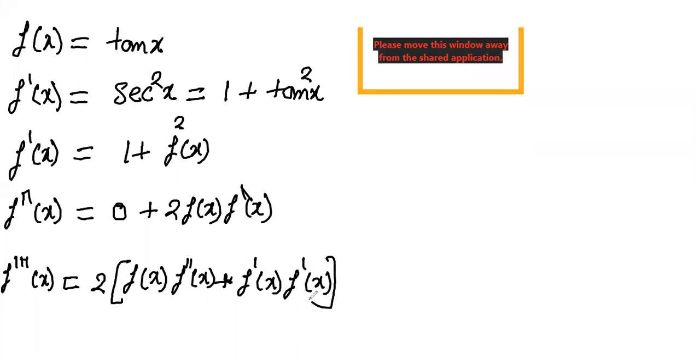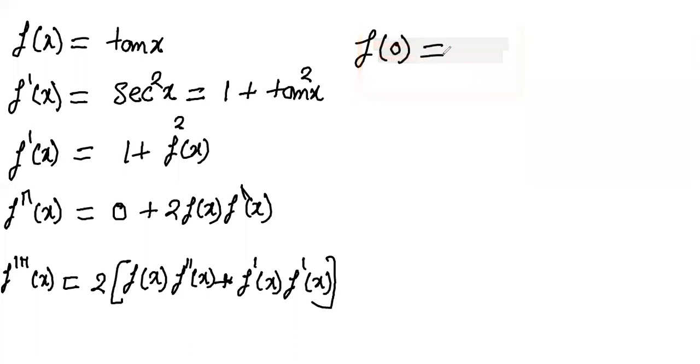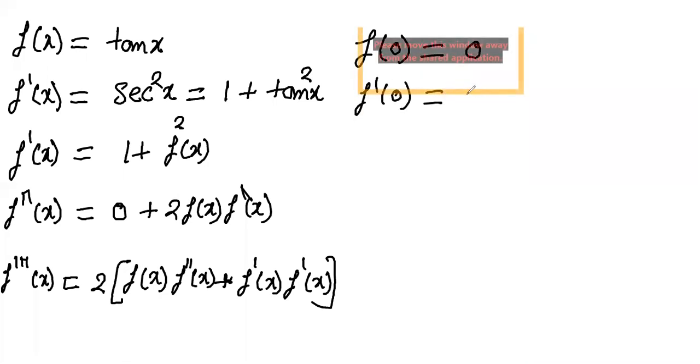Let me find these. Till now: f of 0, tan 0, is 0. Then f dash 0 is 1 plus 0 square, equal to 1.